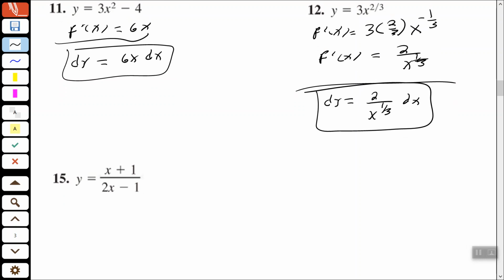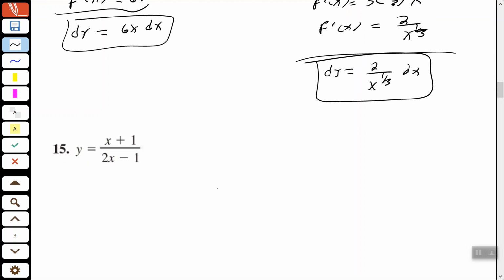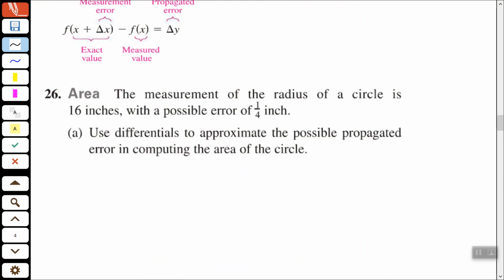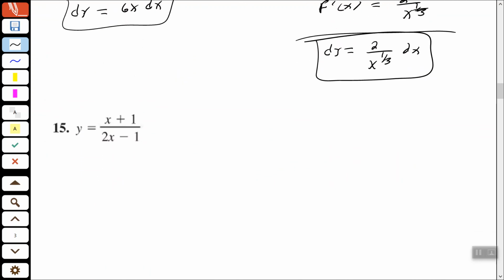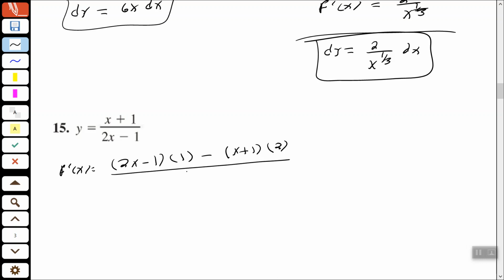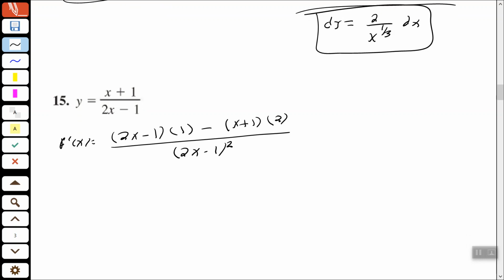All right, number 15, using the quotient rule. Using the quotient rule, f prime of x, low d high. So the denominator times the derivative of the numerator minus high d low, the numerator times the derivative of your denominator, all over low, your denominator squared. All right, so multiply that out.